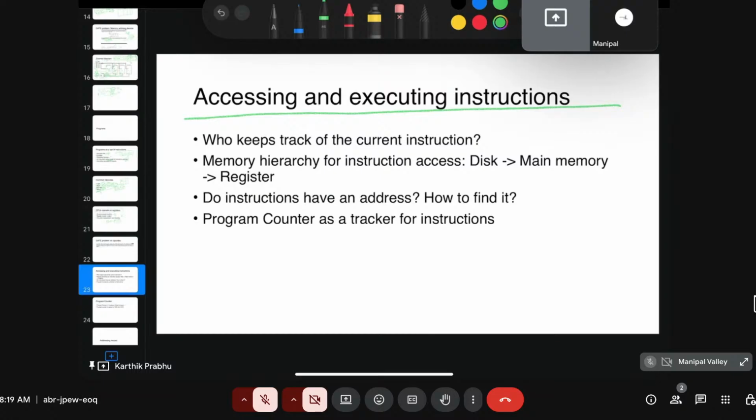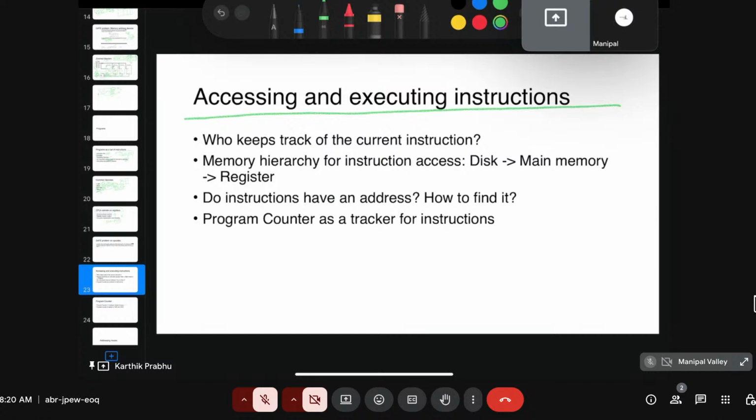Every byte has an address, so every instruction should have an address. We need to find that address and store it. It's pretty simple to find the address of an instruction because we know where the program is stored, otherwise how would we bring it into main memory?